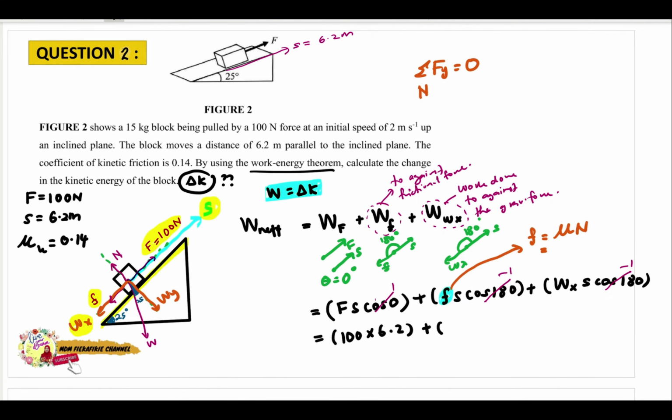So in this case, N upward plus, look at here. The total force in the Y component: N is upward, Wy is downward. So N plus negative Wy.